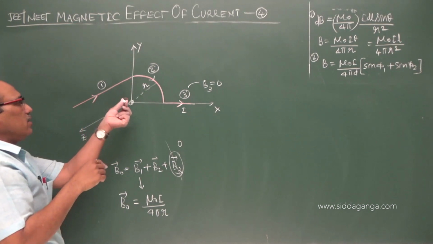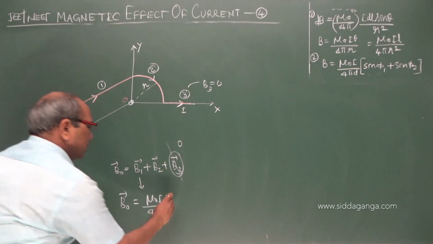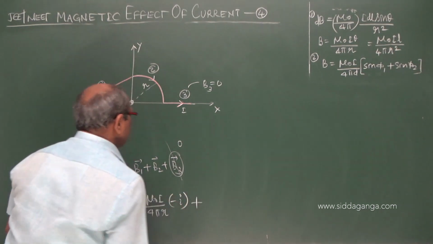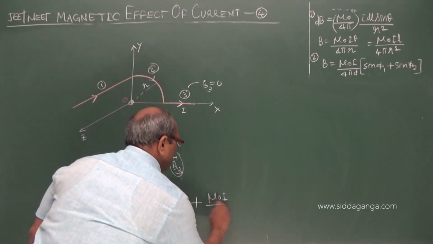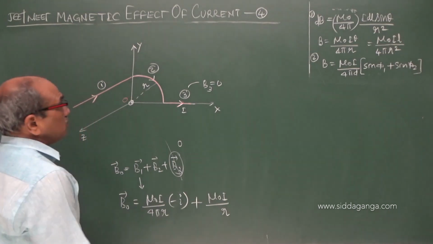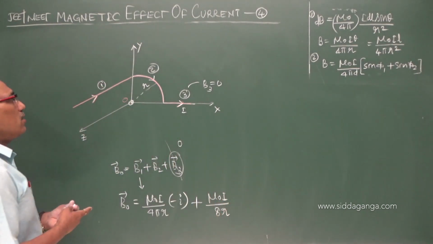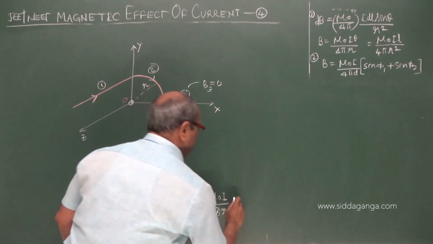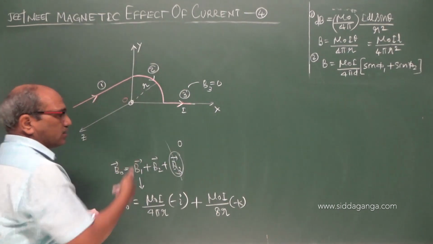Z is like that, current is coming and flowing in the inward direction, therefore it is minus i. Plus B2 is 1/4 of mu naught I by 2R for the whole circle. 1/4 means it is 8R, mu naught I by 8R, again giving minus Z into the board, minus k, because it goes into the board clockwise.